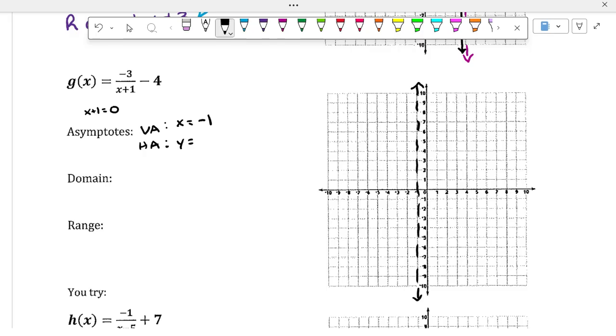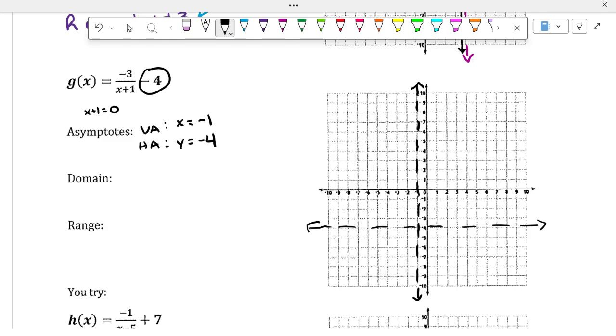Someone else. How do I get it? It's your k value. What's your k value? -4. So y equals -4. So that'll be right here. That's -6. Hope I actually put it on the right spot. So we got our two asymptotes.